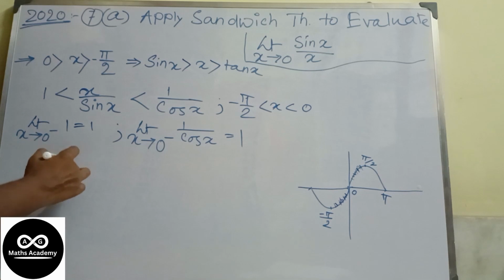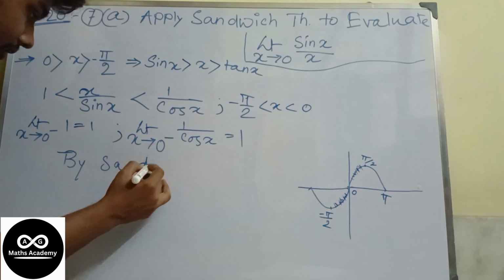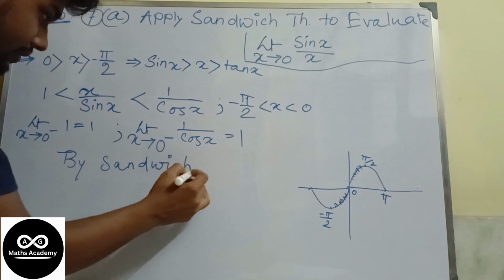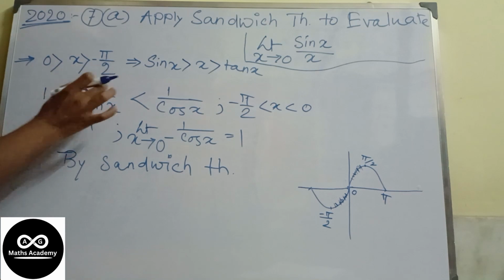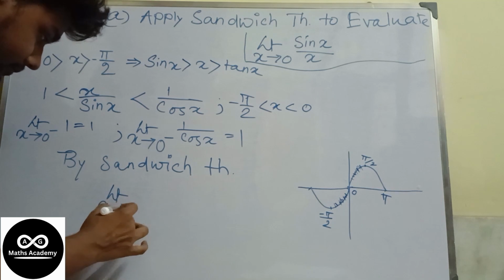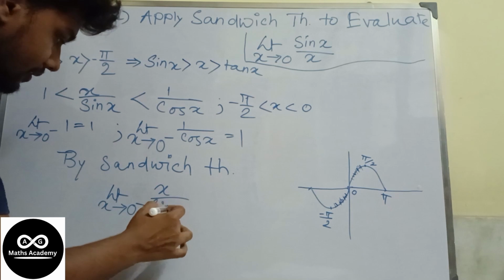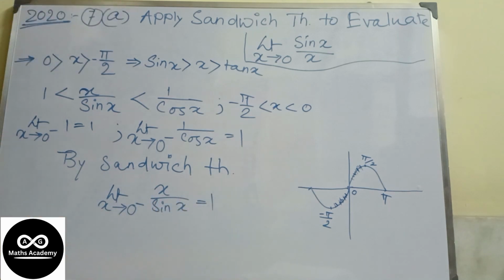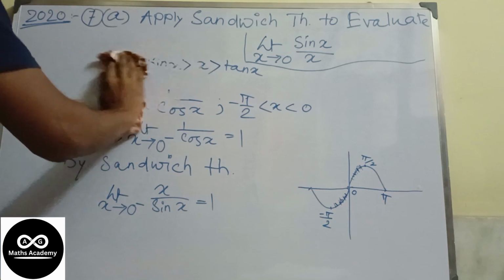Then by sandwich theorem, the limit of x by sin x will also be 1. So now we get both the left and right hand limits. Let me erase this first.